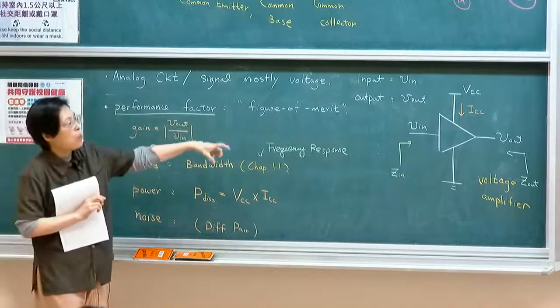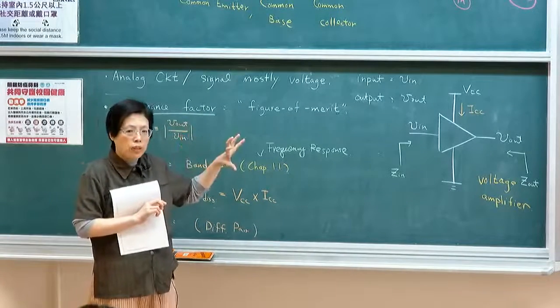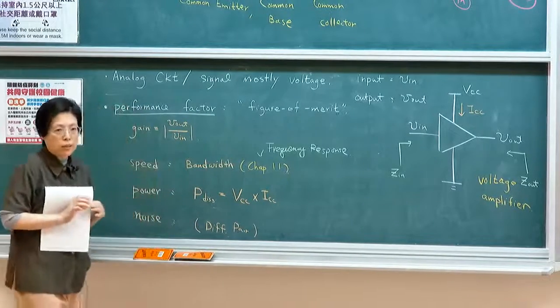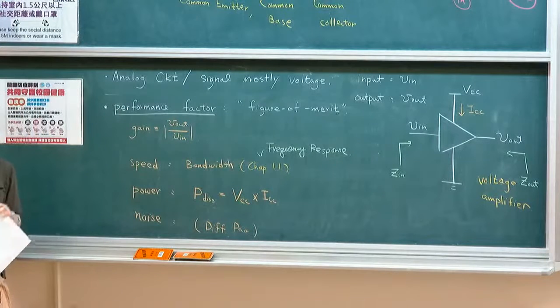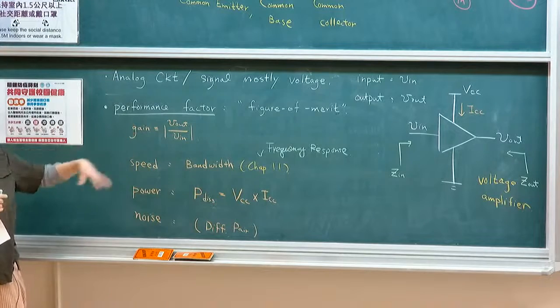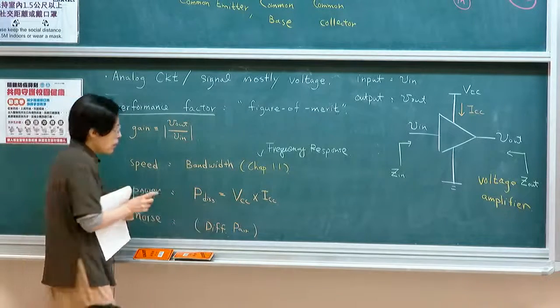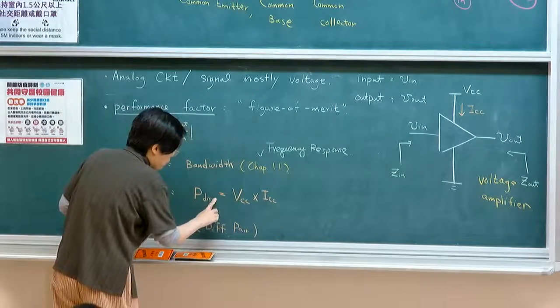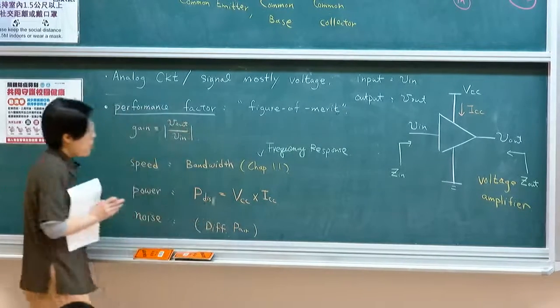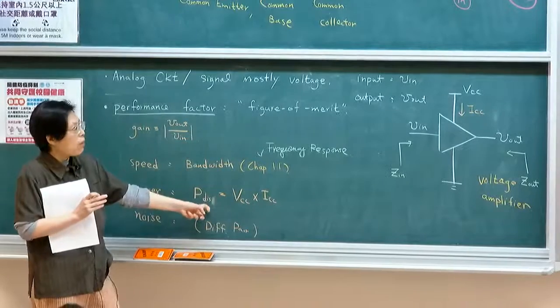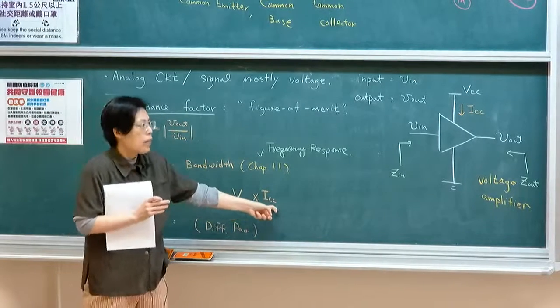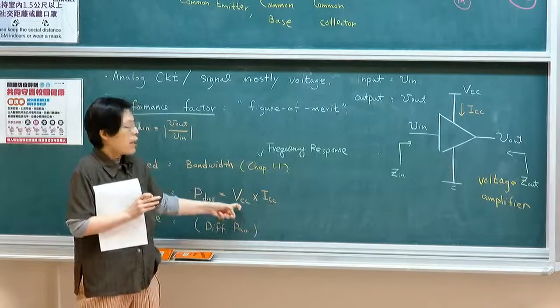In digital circuits, we talk about transition or transient power. But in most analog circuits, there's mostly DC power. DC power is the dissipated power, which is the biasing current times VCC.